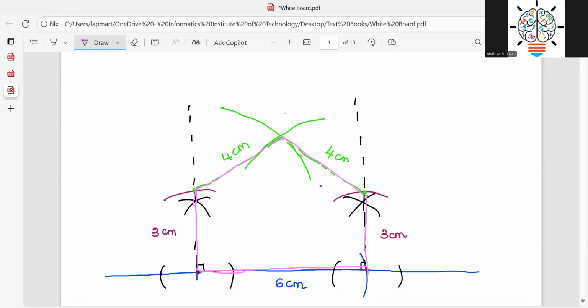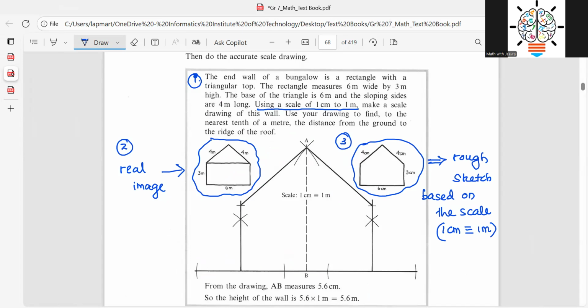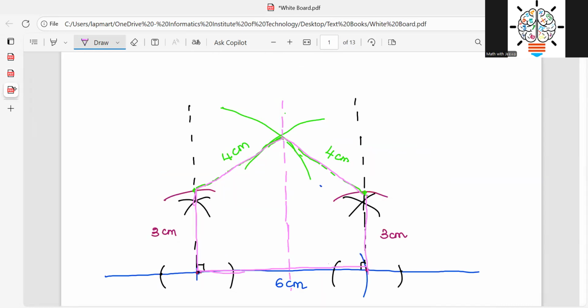And I take the ruler and I measure the height. What they ask in the question is to find the distance from the ground to the ridge of the roof. So this one you want to find, right? If I mark this as A and this as B, you want to measure this AB length.